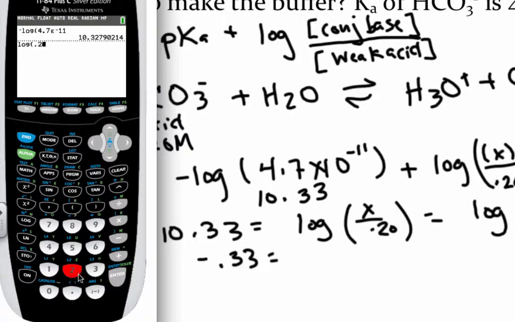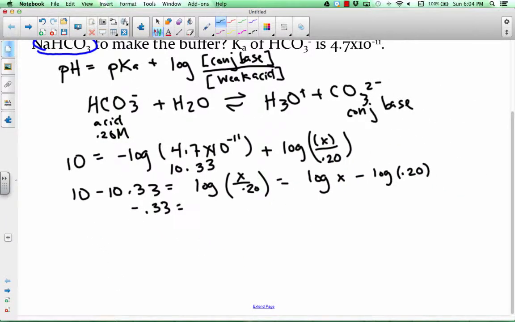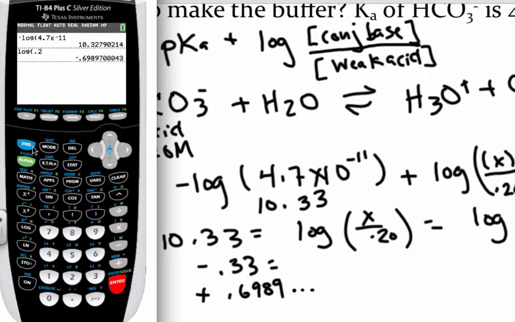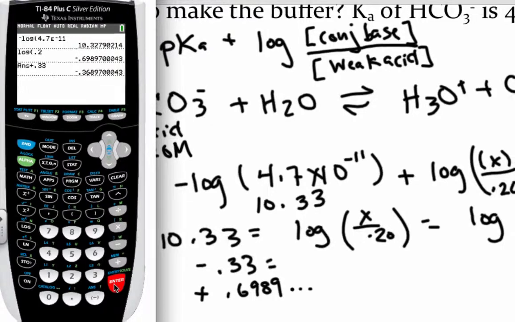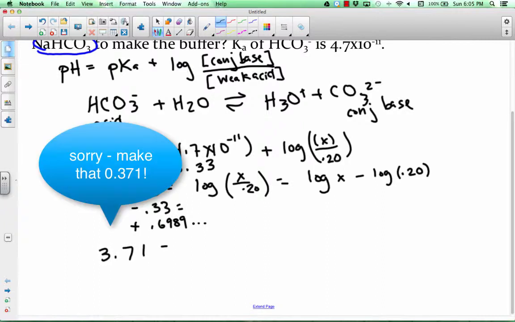Log of 0.2 is negative 0.6989, and so on. Okay, so I'm going to add that back over here, 0.6989, all those digits. So combining our two values, I have a positive 3.71 equal to the log of x.